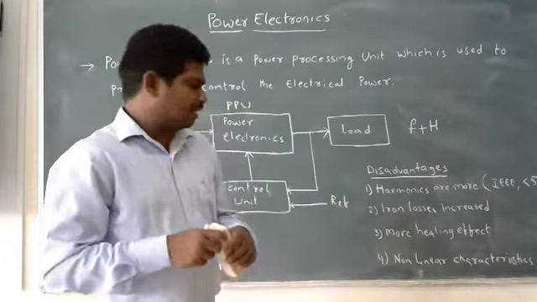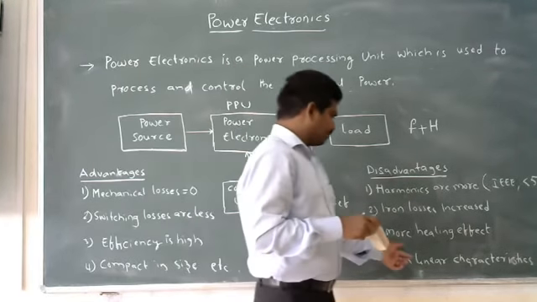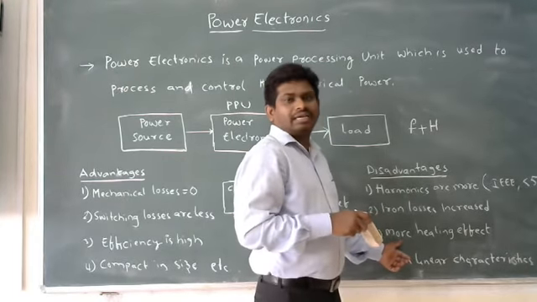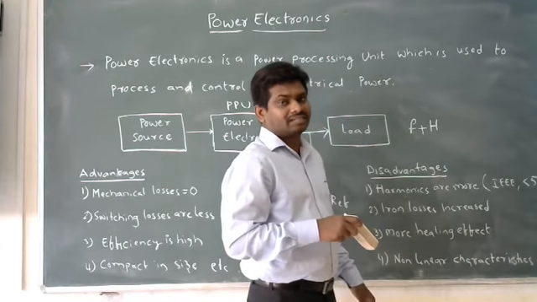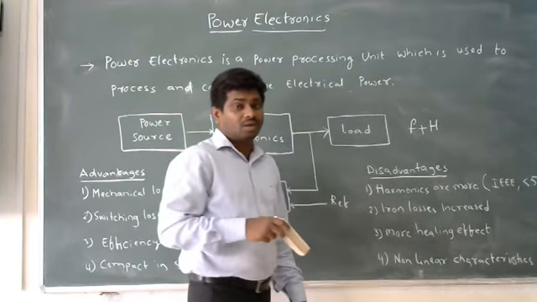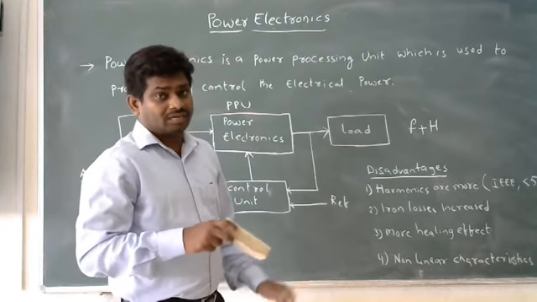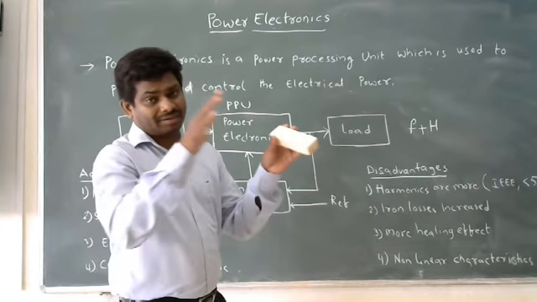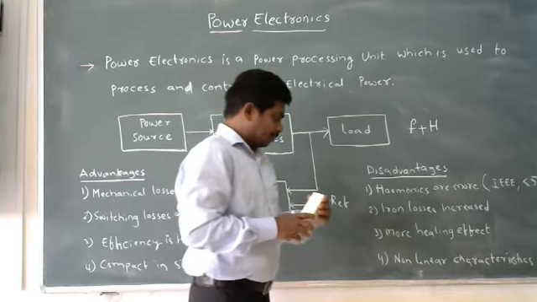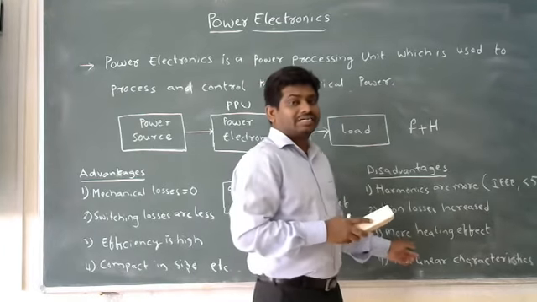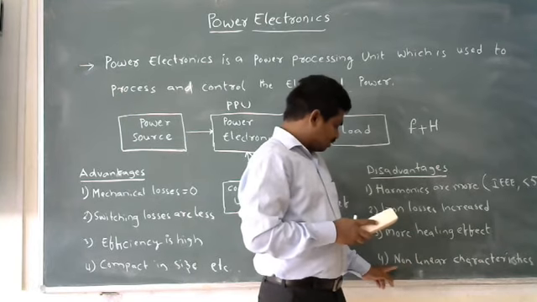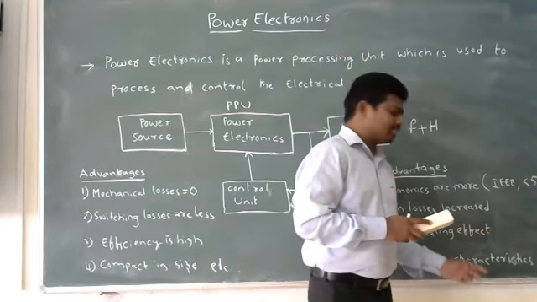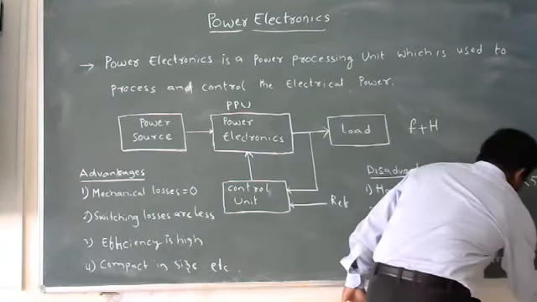Because of this heating effect, the power electronic configuration used to convert electrical energy from one form to another is going to be damaged. The entire power circuit is going to be damaged after reaching its rated temperature values. Okay, they produce non-linear characteristics. Some more points are there.